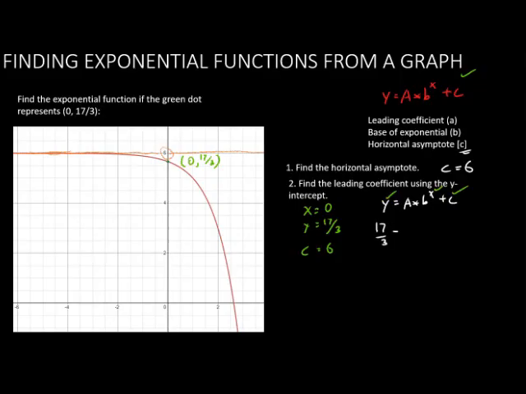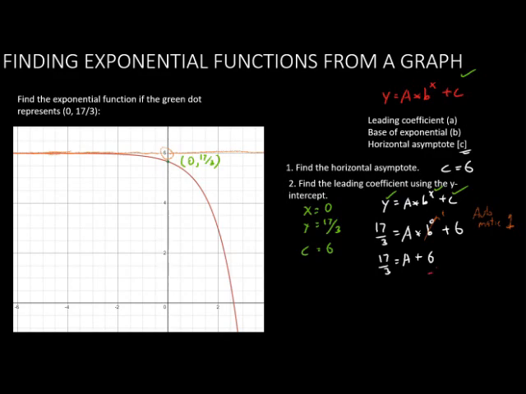We'll plug in 17 over 3 for y, and then say a times b raised to the 0 plus 6. But anything raised to the 0 is automatically 1. Therefore, our equation becomes 17 over 3 equals a plus 6.